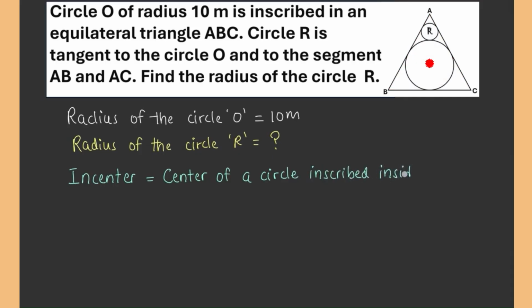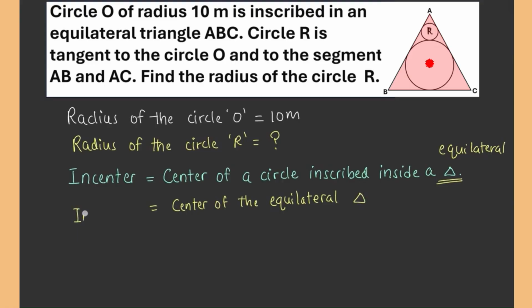And if this triangle happens to be an equilateral triangle, as in the case of this problem, in that case, the center of the equilateral triangle is equal to the incenter of the circle that is inscribed inside this equilateral triangle.